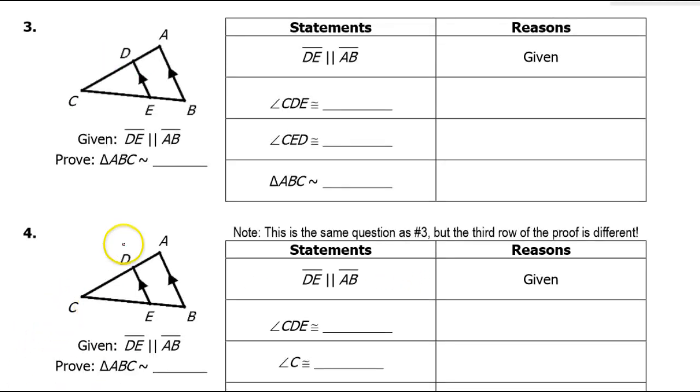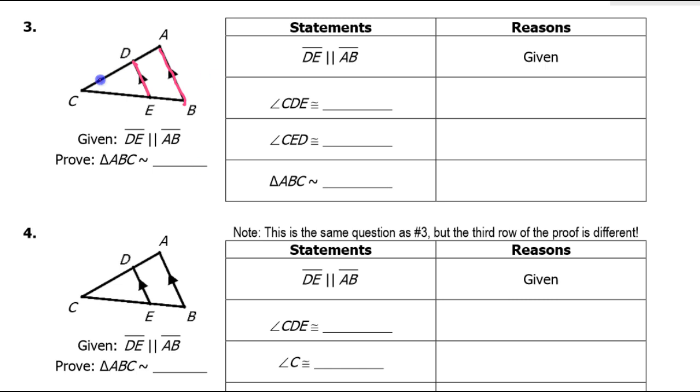Please take a look at problem number 3. Again, we are given these parallel lines. Bam and bam. These lines are parallel. Repeat after me. Parallel lines lead to congruent angles. Very good.